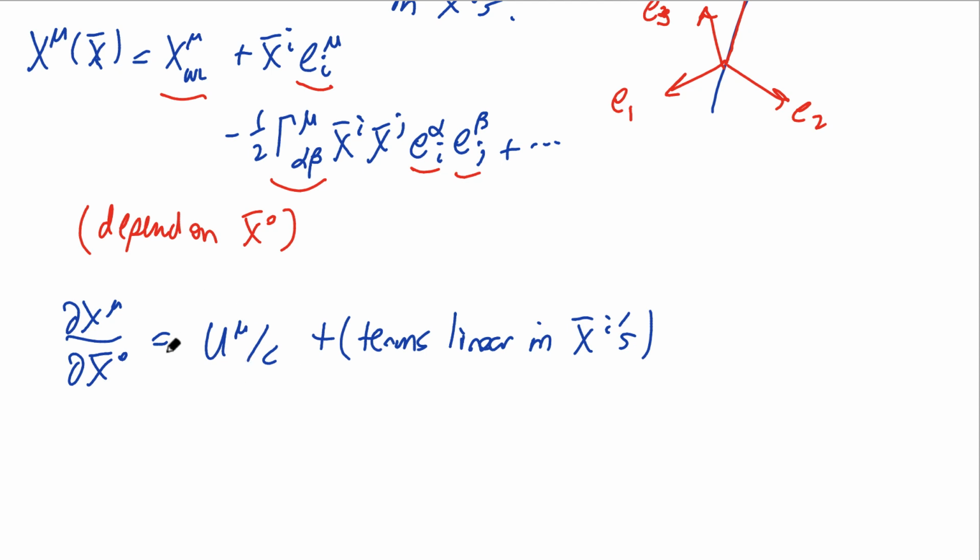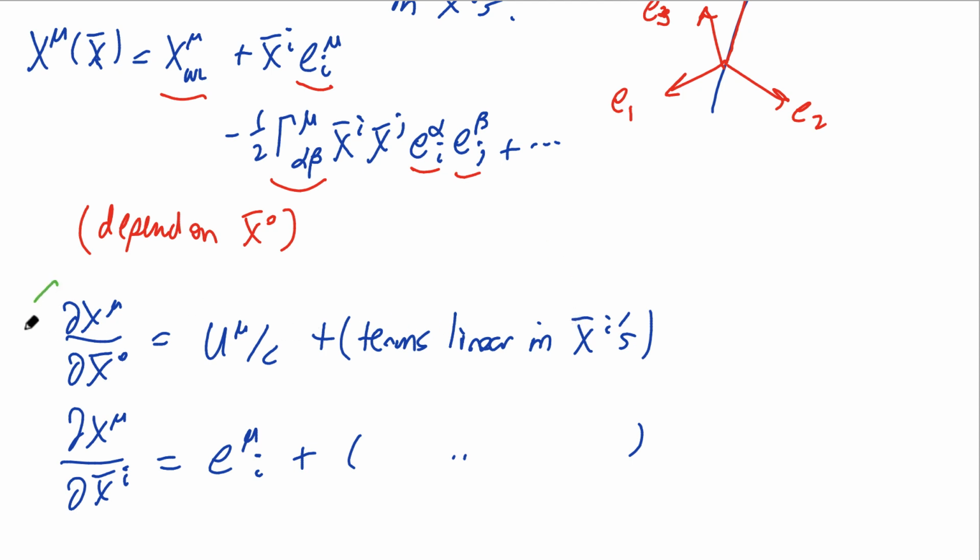And by the way, I probably didn't include the factors of c when working it out before, but if you go back and repeat the calculation with the factors of c in place, you'll see that this is the forward velocity of the observer divided by c. And we also worked out the derivative of the old coordinates with respect to the new spatial Fermi normal coordinates, and this is just e^mu_i plus higher order terms, linear and higher, in the x bar i's.